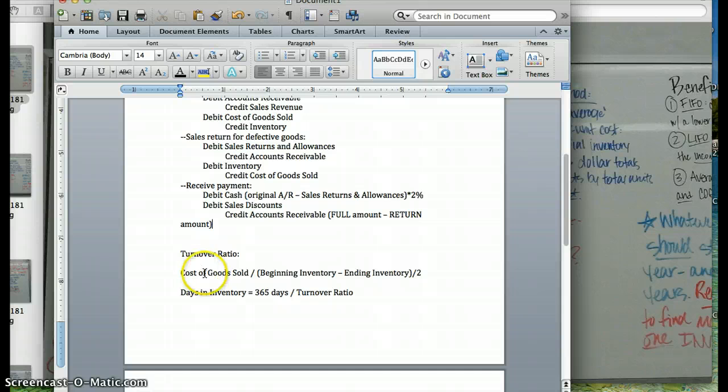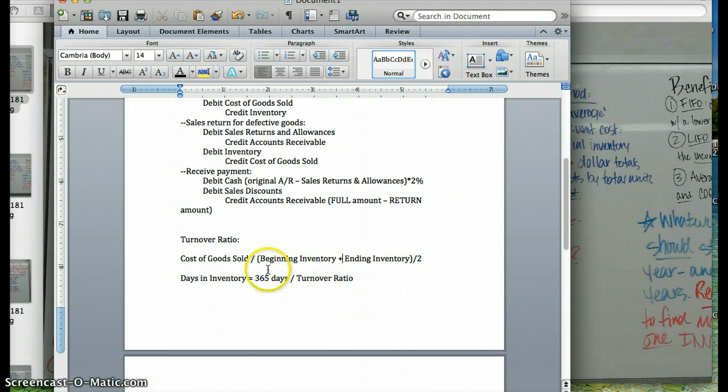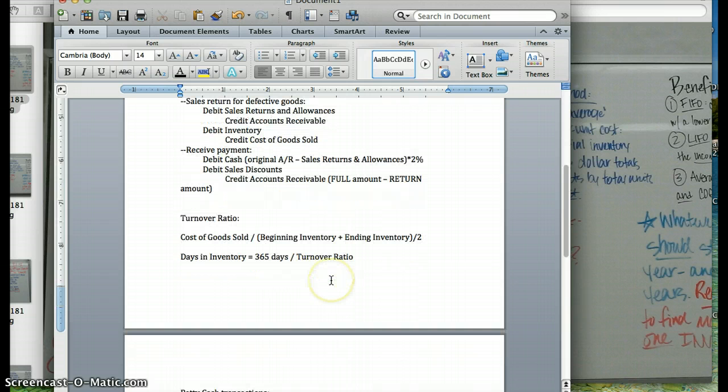You simply take your cost of goods sold and divide that by the quotient of your beginning inventory, sorry, that should be plus, because it's average: beginning inventory plus your ending inventory divided by 2. That'll give you the ratio, which you do first, before your days in inventory, which is for the full year. 365 calendar days divided by the turnover ratio will give you your number of days in inventory for that certain asset.